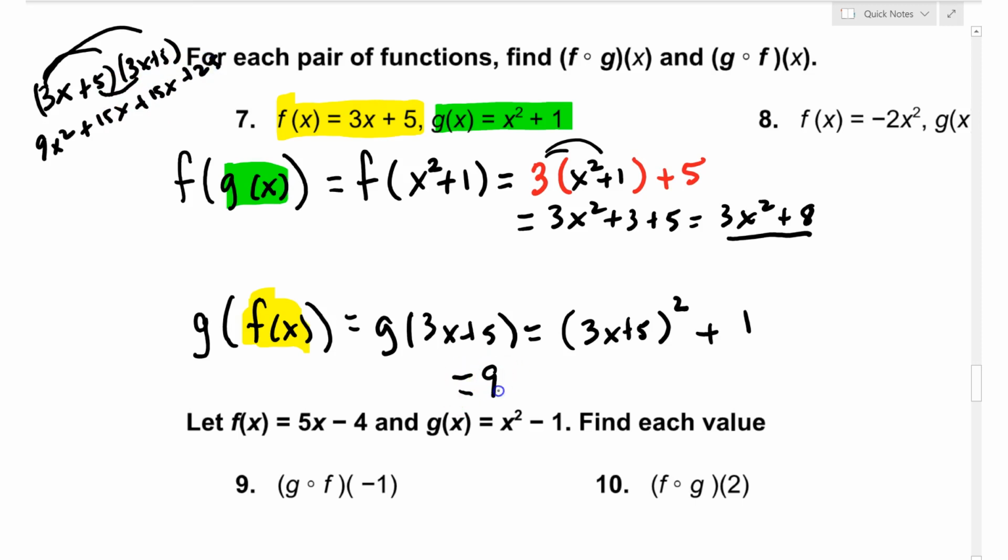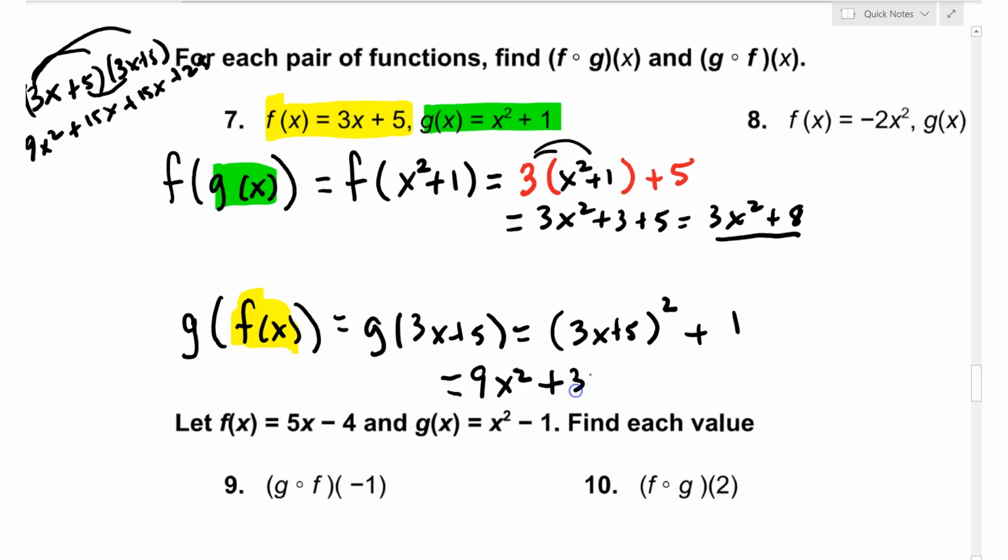You have 9x squared plus 30x plus 25 plus 1. So you end up having 26. So it's probably easier just for me to change it here to 26. And that is a composition.